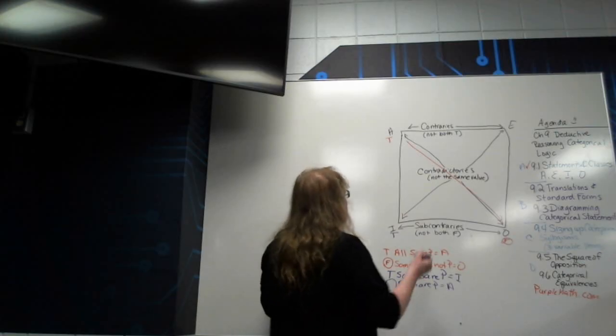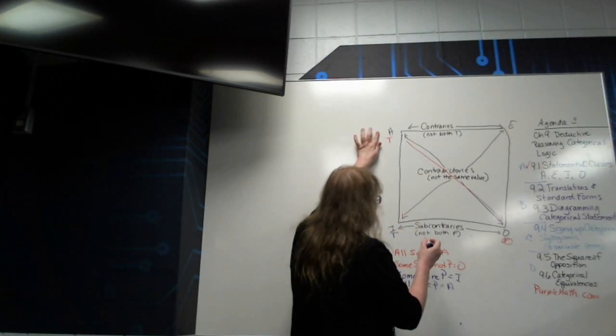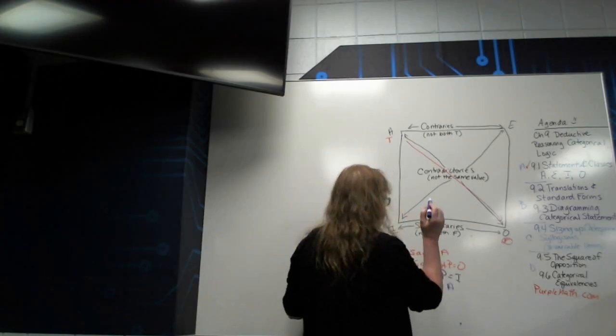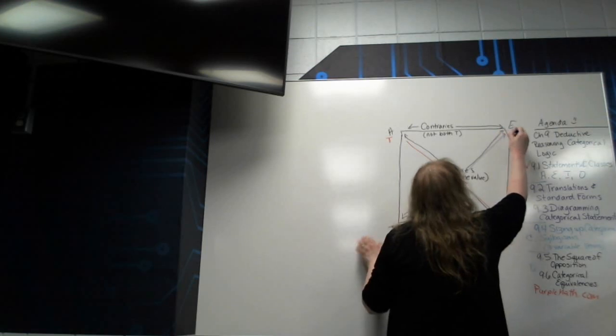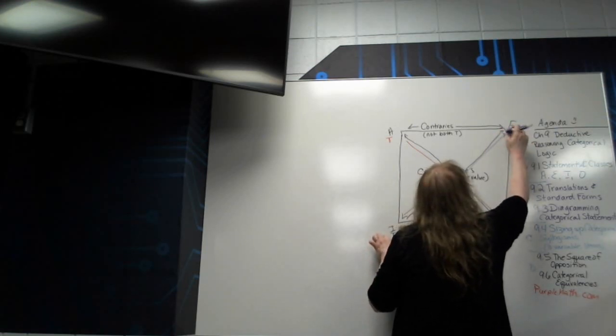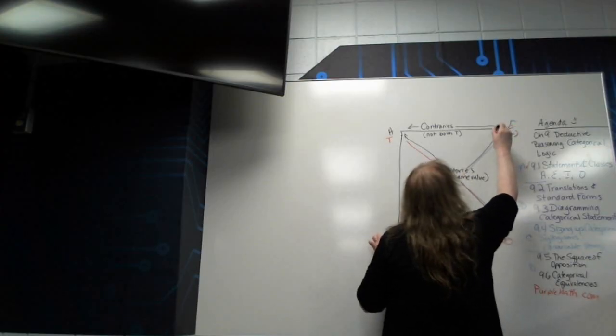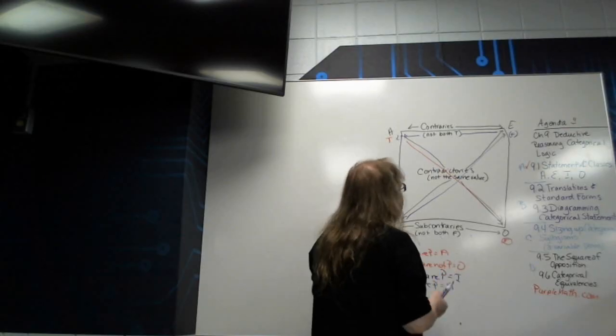So for my I statement, some S are P, and then I have to get to all S are P. So I'm going to go here, and I'm going to go up to E. So they're contradictories. So this is false, but it's on the way, so it's not quite done yet. And then over here. Now, here's a problem.